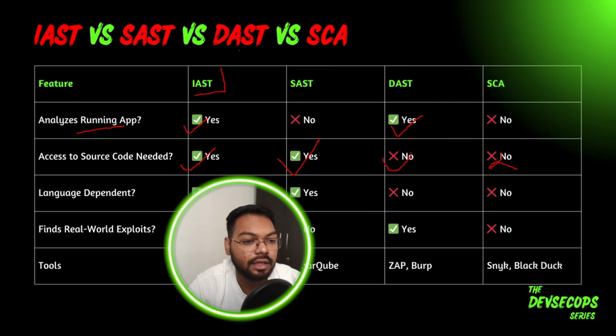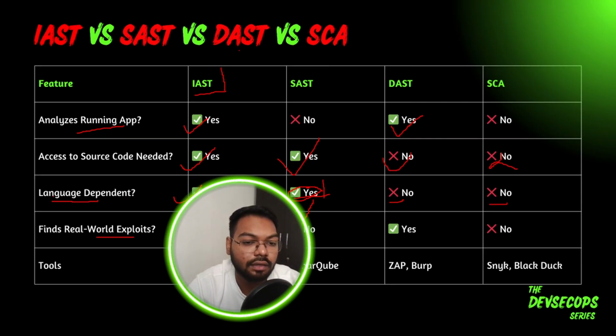So that's why it is heavily dependent on language, as the rules for the SAST are dependent on language-specific stuff. SAST also has language dependency, because SAST would cover a lot of different languages. So we can combine IAST and SAST for these results. Then DAST and SCA do not care about what language you use.